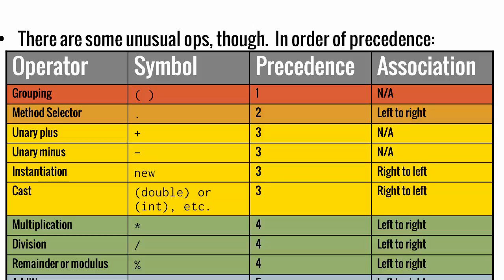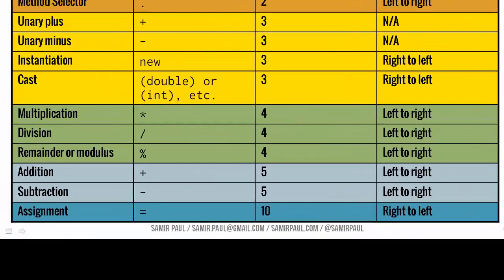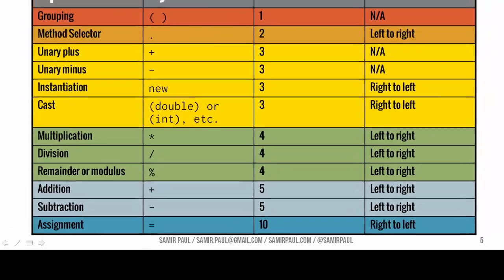That minus sign in precedence 3, that's not a subtraction sign, that's a unary minus sign. So that's how we indicate that something is negative. We'd put that in front of a number, like -3. And you can see the rest of it is pretty straightforward. Assignment, as you see, is pretty low at the bottom. So all this stuff above assignment is going to happen before we actually do any assigning of any values to variables.